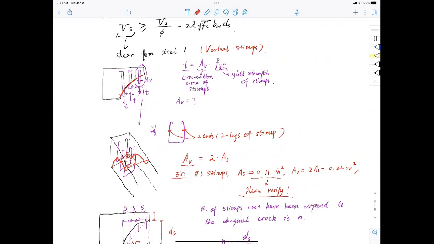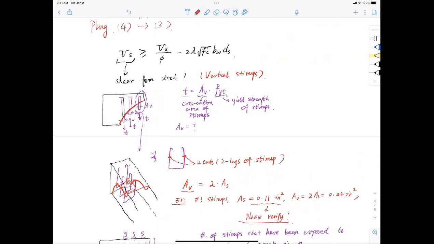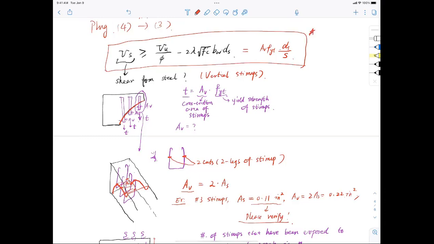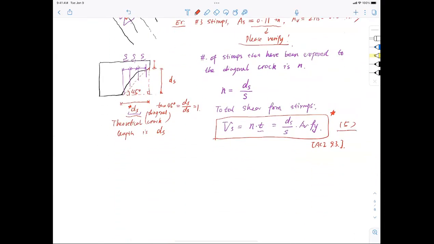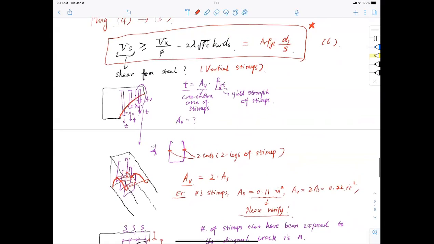So Vs has to be greater than or equal to V over phi minus this, and Vs has to equal Av Fyt multiplied by ds over S. So this is all you need to know for shear design. Let's call it equation 6. The order is a little bit off. This should be 5, and I should put this whole equation down here and call it 6, but to save time, just attach it there and call it 6.